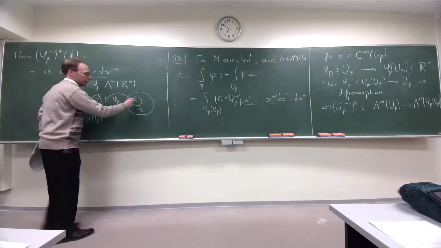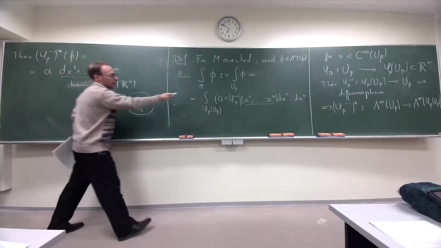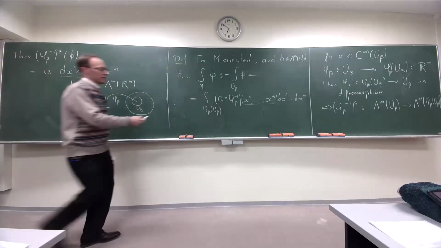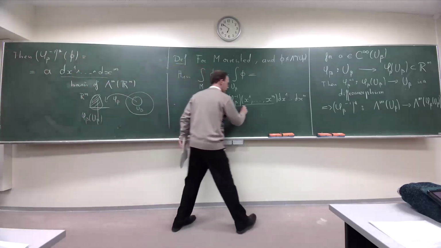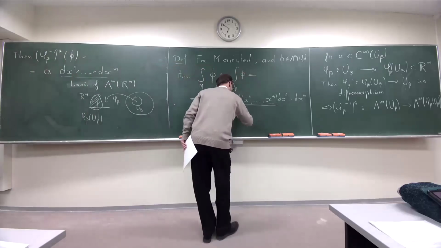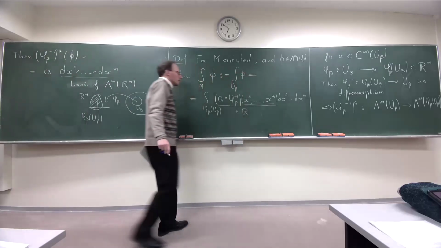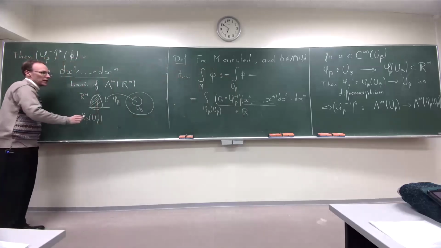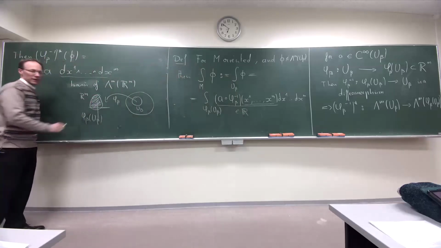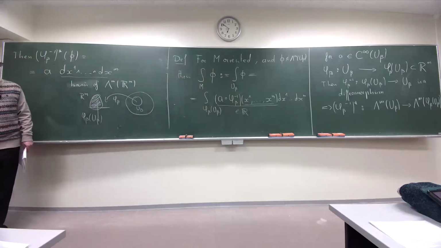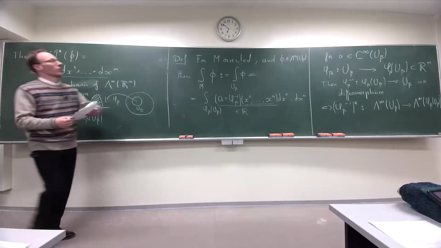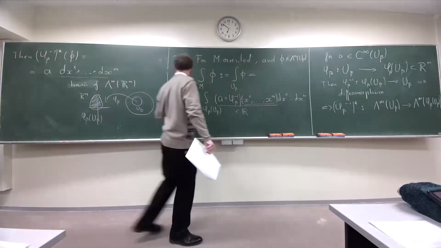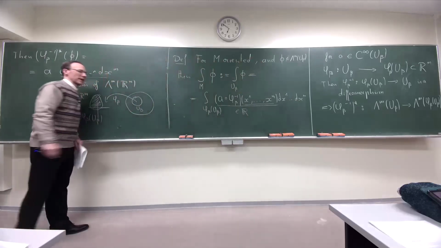You go back here. And then A was a function defined on the manifold. So when you evaluate at a point, it's a real number, and you integrate. So it means you have a function defined here, and you integrate on this. So this is a definition of the integral of an M tensor field defined only on a small set here.